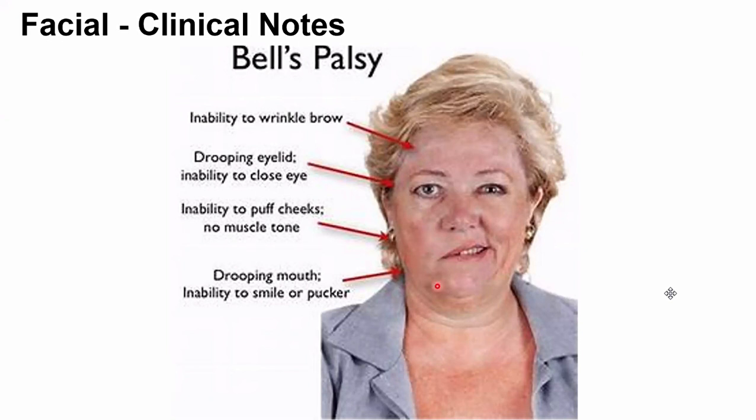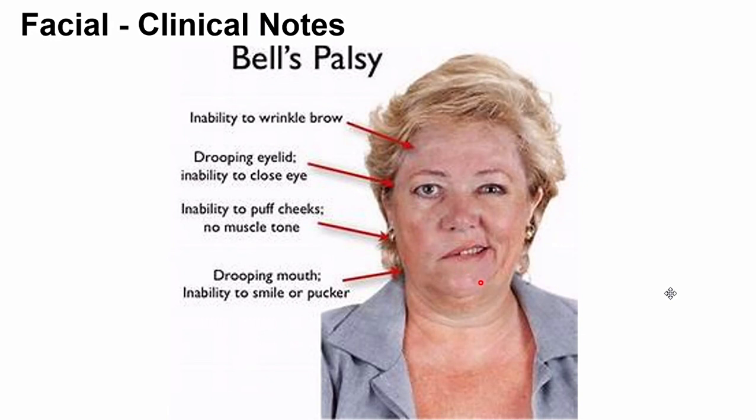The effect is that if you cannot close your eyelid, you can have drying of the cornea, because it cannot be closed. Patients who have Bell's palsy are advised to close the eyes more often so that they can prevent dryness of the cornea.